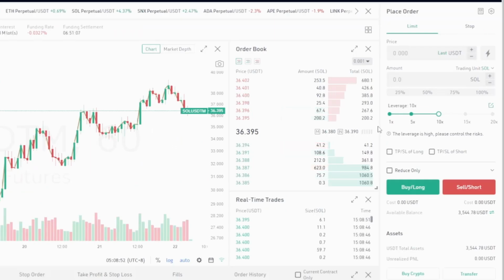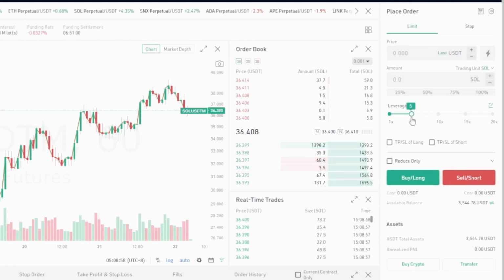Now, I don't recommend, especially if you're new, ever using more than maybe 2 or 3x leverage, and especially no more than 5. So for the sake of this video, we will go ahead and just use 5. 5 is actually what I use for the majority of my trades on altcoins. I do use 7x, 8x, 10x sometimes for Bitcoin, just because Bitcoin obviously moves slower.